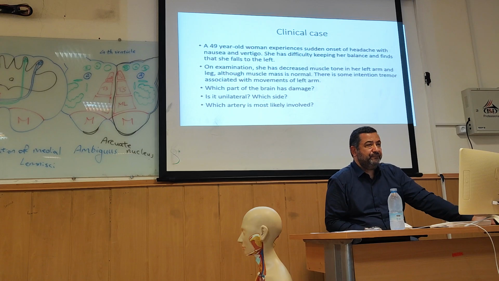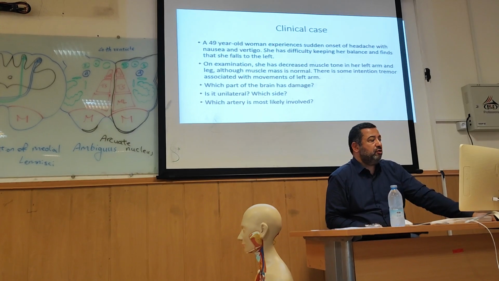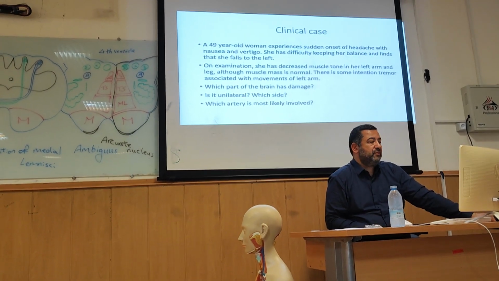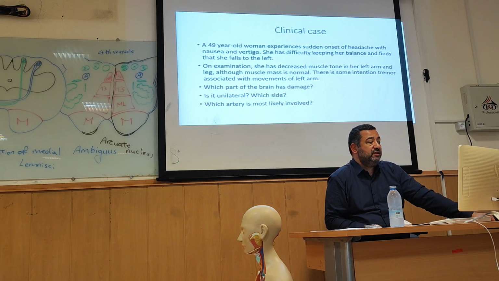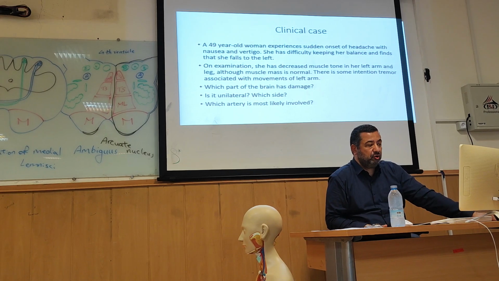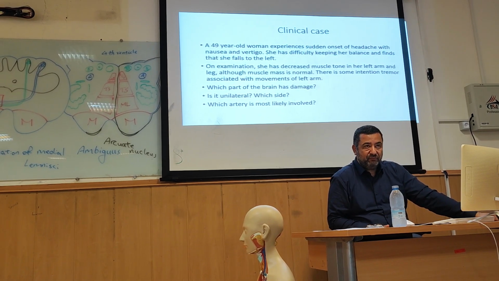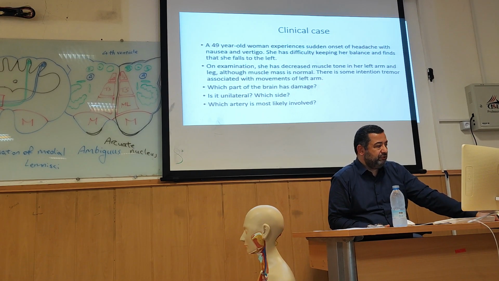A 49-year-old woman experiences a sudden onset of headache with nausea and vertigo. She has difficulty keeping her balance and finds that she falls to the left. On examination, she has decreased muscle tone in the left upper and lower extremities.